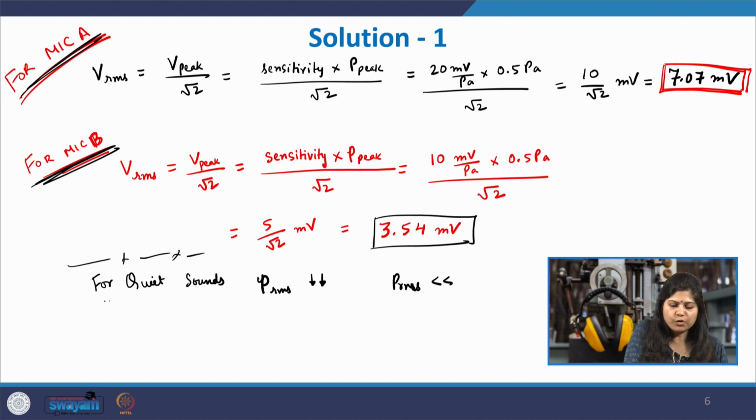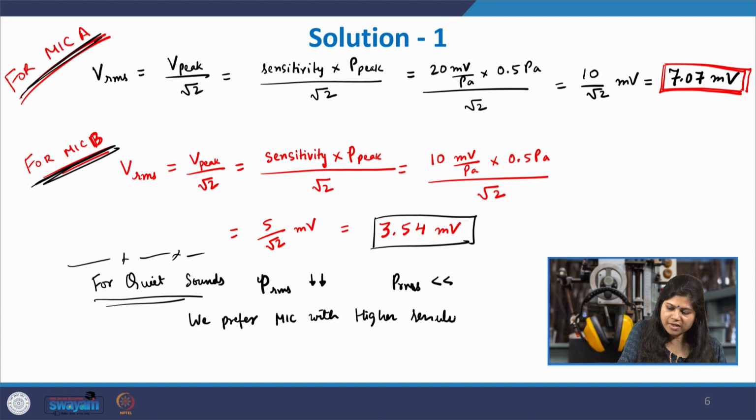So, therefore, for quiet sounds, we prefer a mic with higher sensitivity, because already the RMS pressure is very low, and we would like to convert this very low acoustic pressure into a readable kind of voltage signal.